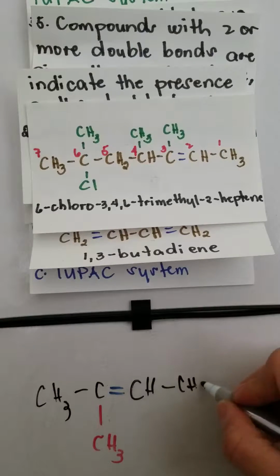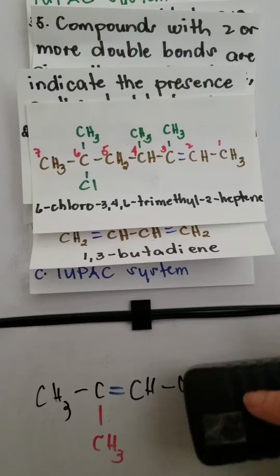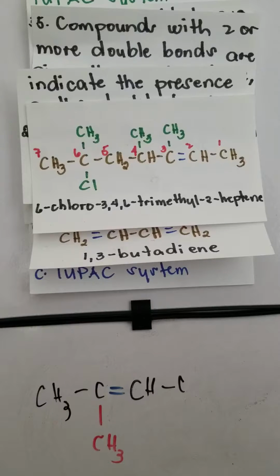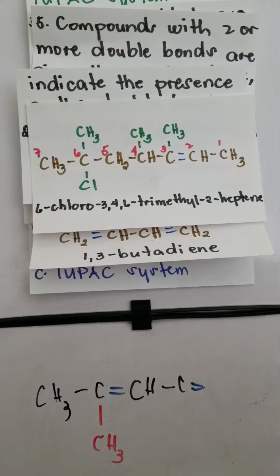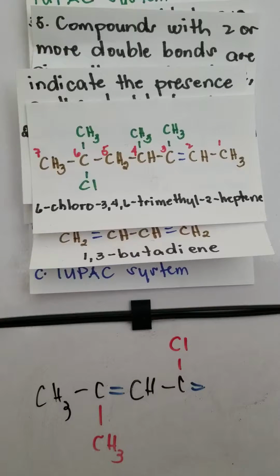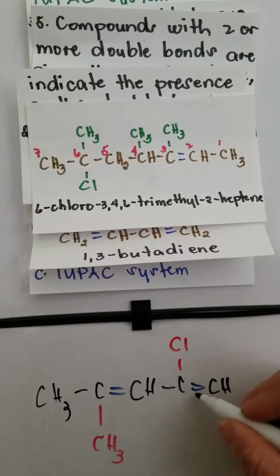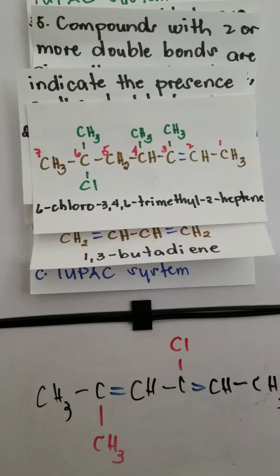So you have CH, double bond, 1, 2, 3, and another one, so that's only C. And this is CH2, and this one is another Cl, and this is CH, 1, 2, 3, 4, and CH3.